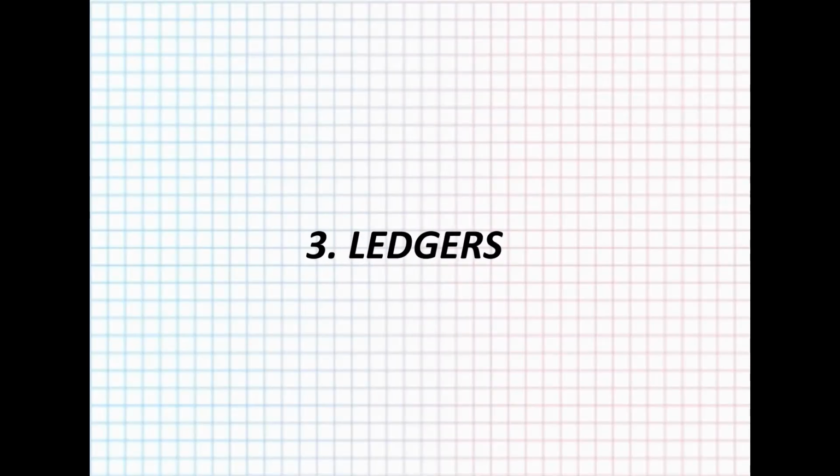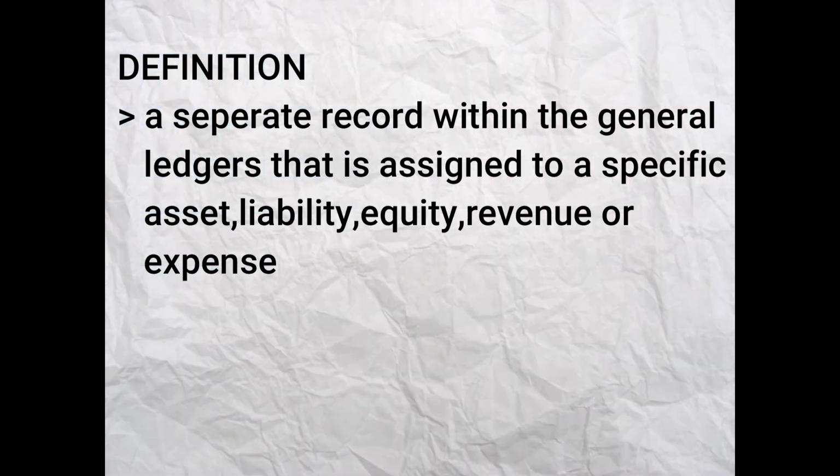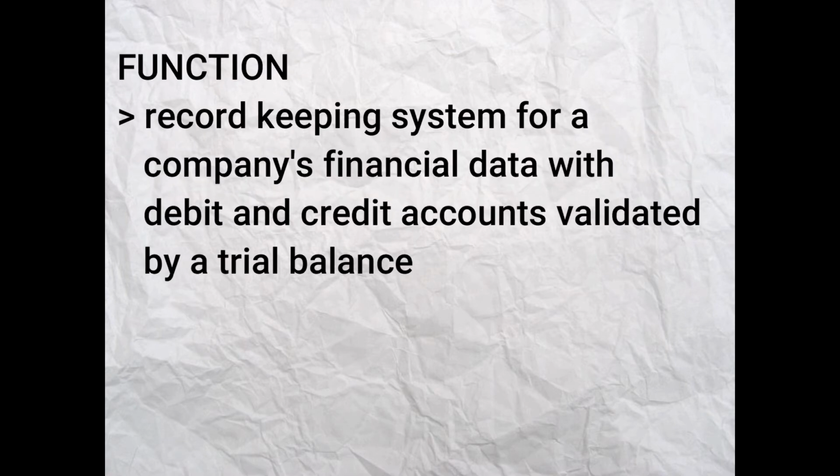Ledger account contains a record of business transaction. It is a separate record within the general ledger that is assigned to a specific asset, liability, equity item, revenue type, or expense type. The function of ledger is the record-keeping system for a company's financial data with debit and credit account records validated by a trial balance. The general ledger provides a record of each financial transaction that takes place during the life of an operating company.